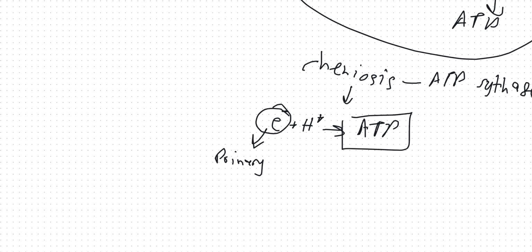When the energy is used, these electrons are not excited anymore. So the electrons are not lost; they are simply de-energized when you make ATP. And these electrons then go back to photosystem 1.